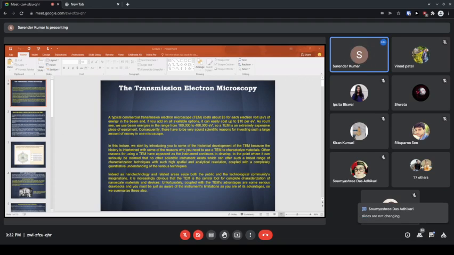As an example, for green light the wavelength is 550 nanometer, and if you calculate the resolution, it is about 300 nanometers. So with this, you can see sizes in this range.